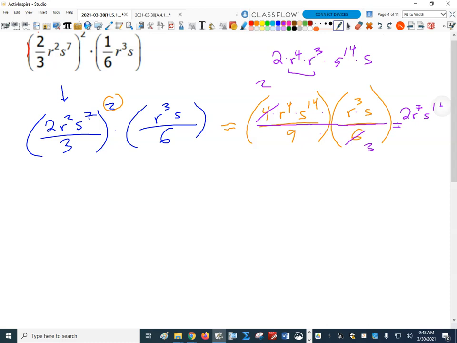Man, this is really frustrating. Divided by, on the bottom, I've just got 9 times 3 is 27, and we're done. Okay.